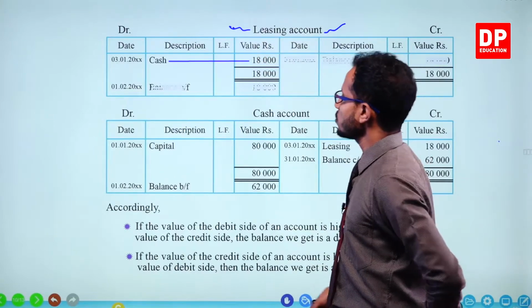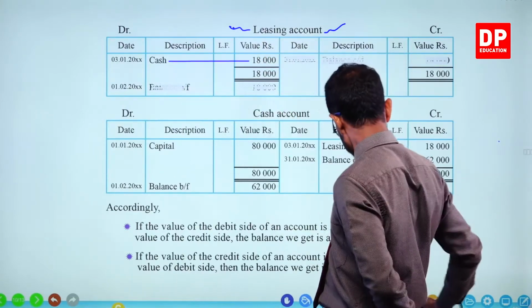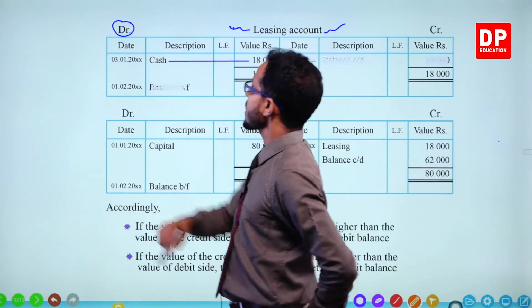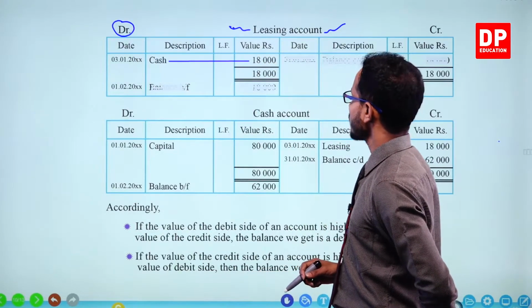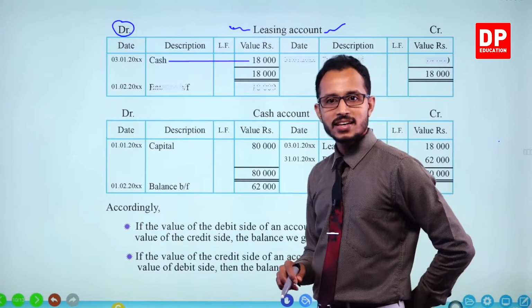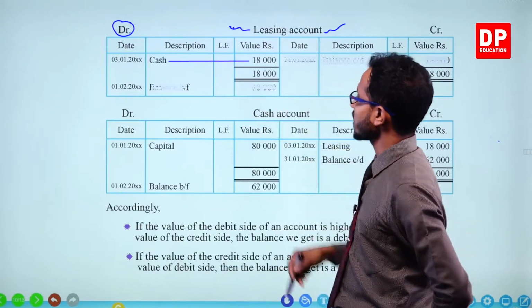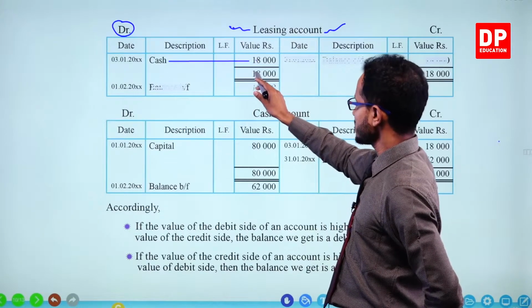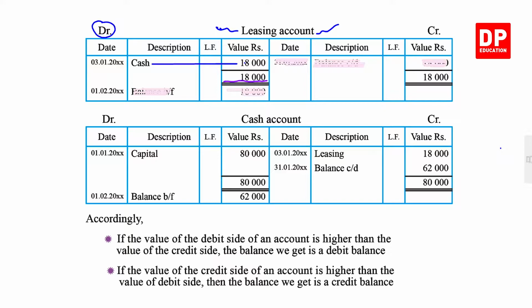This is a leasing account, and we have only one entry on the debit side, 18,000. In the sum box, they have taken the total, 18,000.